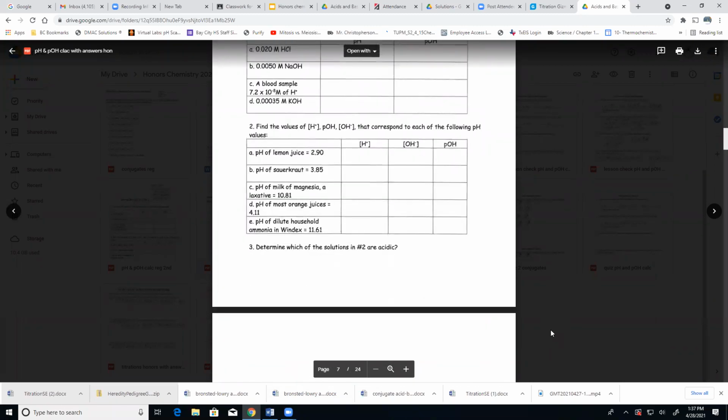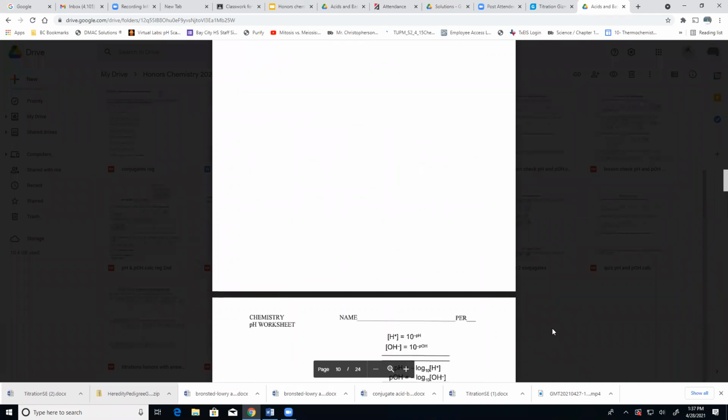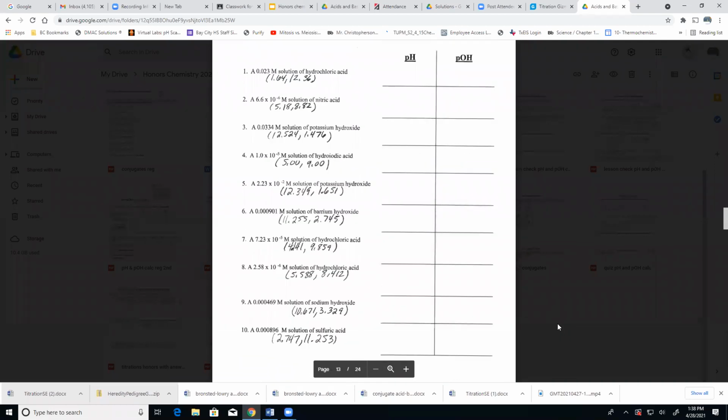I wanted to show you one where you would have either more than one hydroxide group or more than one hydrogen. I think we're right here. So this is the very last one, very last page.